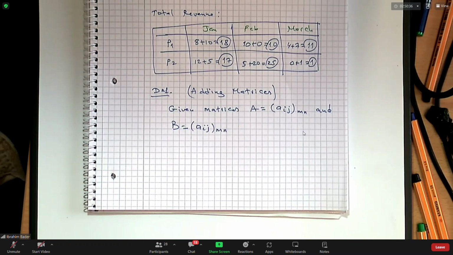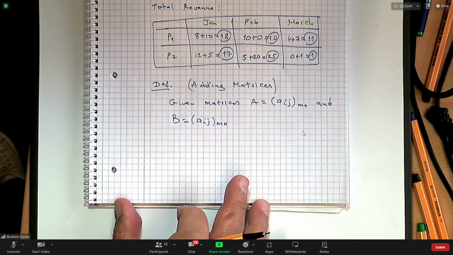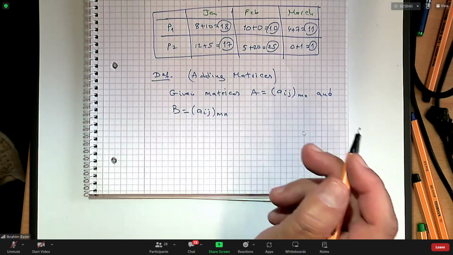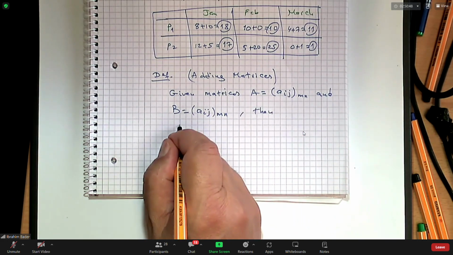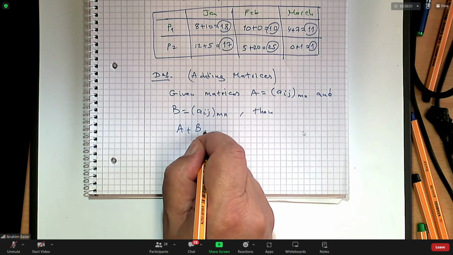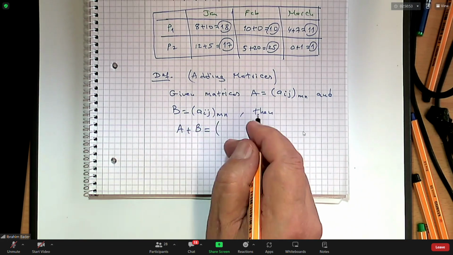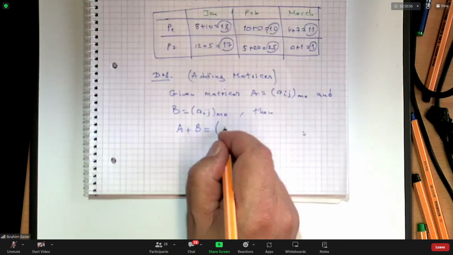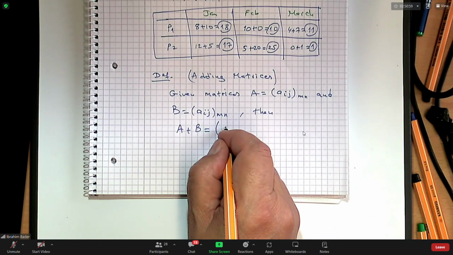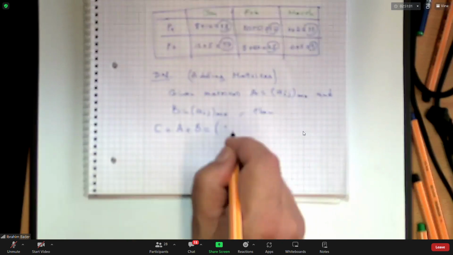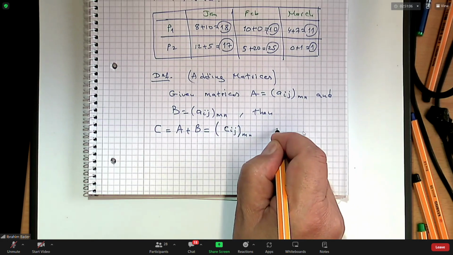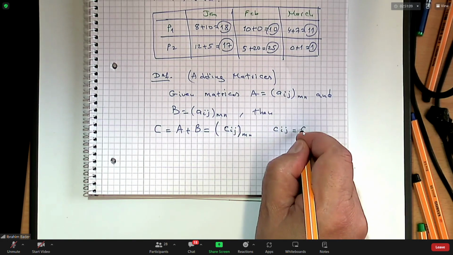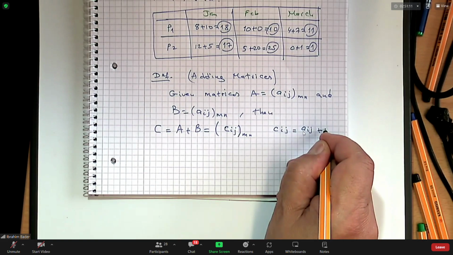It makes no difference to talk about adding and subtracting matrices from different dimensions. Okay, then the matrix A plus B is defined as the matrix, let's say C here, Cij equals Aij plus Bij.